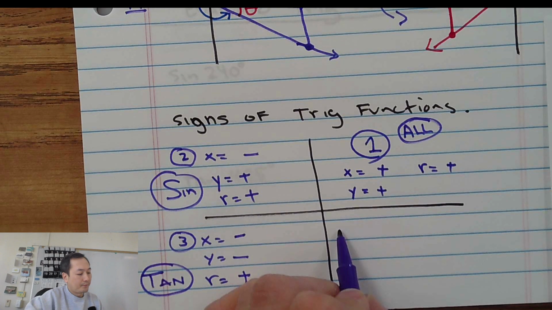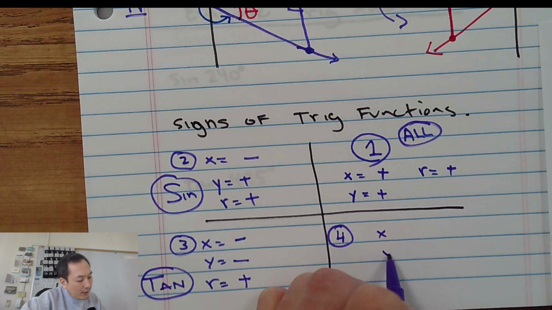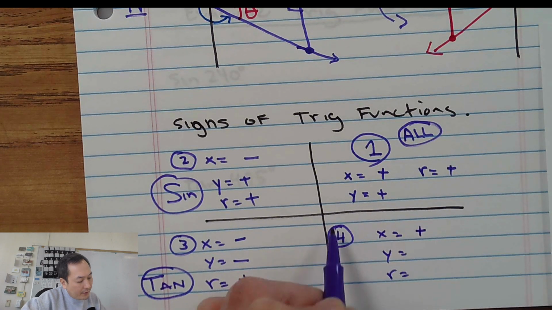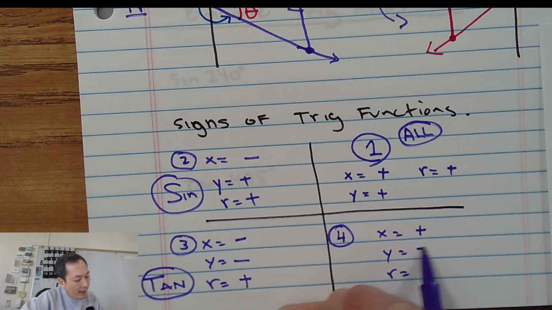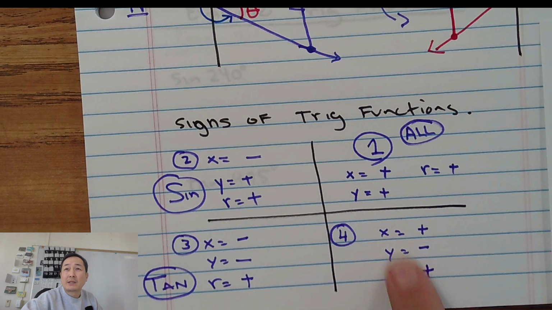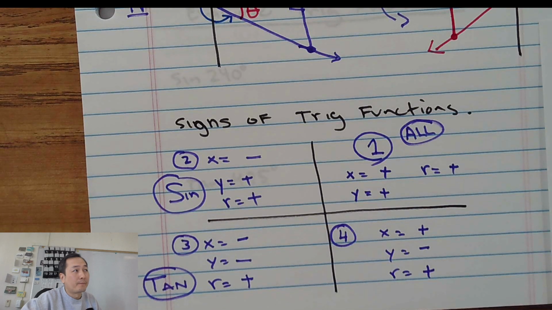Quadrant 4: x, y, r. X is positive, y is negative, r is always positive. Everybody understand this? X, y, and r, positives and negatives. Any questions there? No? Okay. Or we can go through this again.